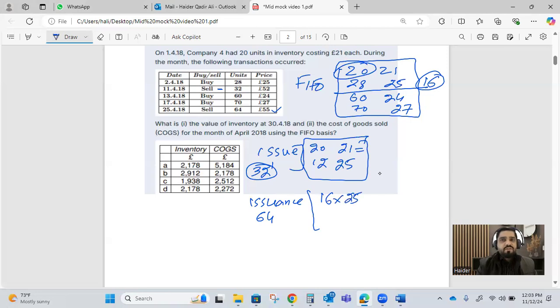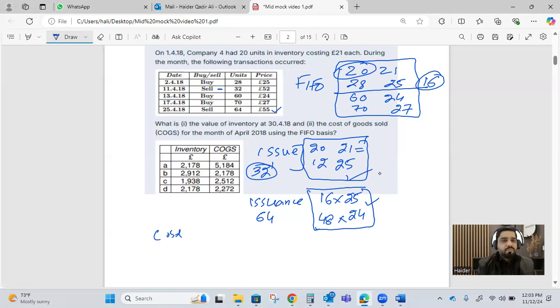And from the second slot of 60 units, we will consume 48 units at 24 each.